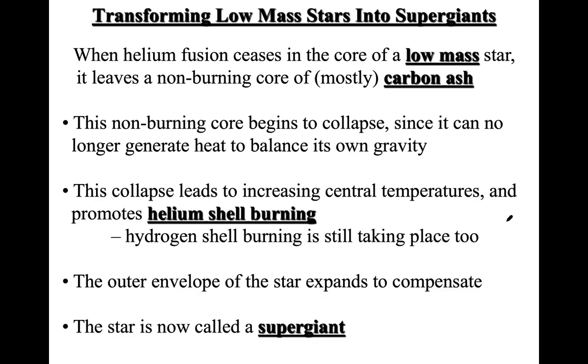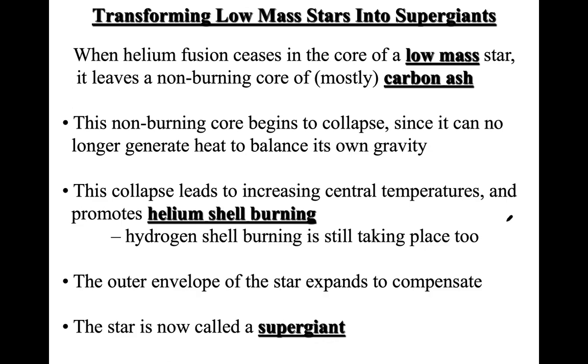So what happens is, again, the core begins to collapse because of gravity, right? Once this fusion reaction has stopped at the center, not enough temperature is generated to make the pressure, which creates the force needed to balance the gravity. When you do not have that, gravity always wins, right?